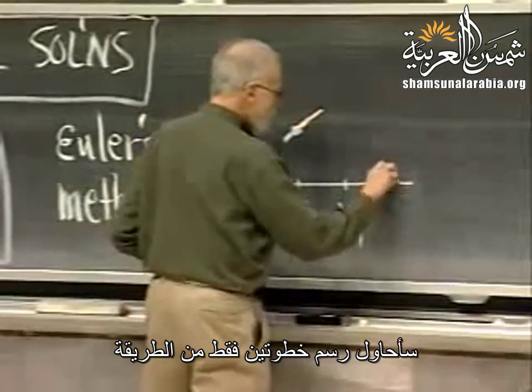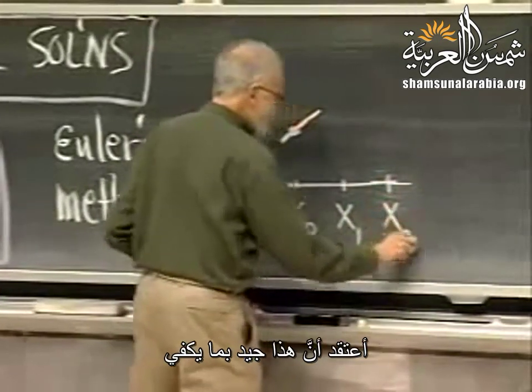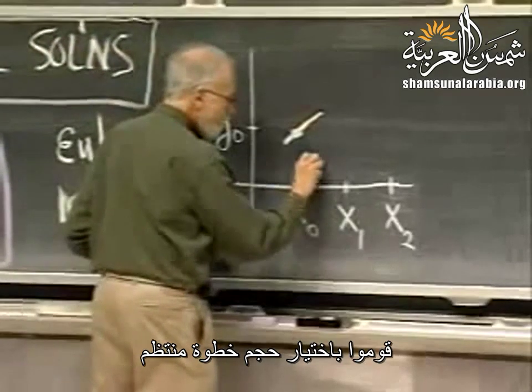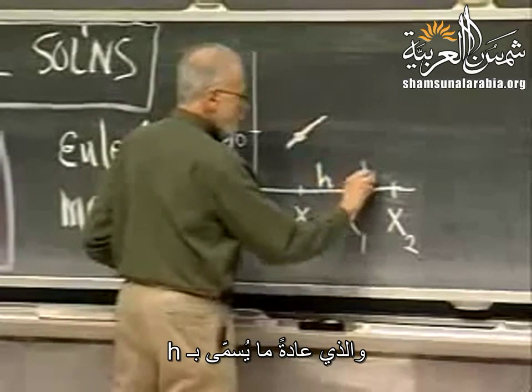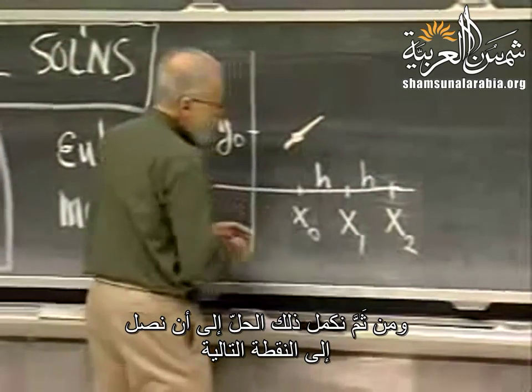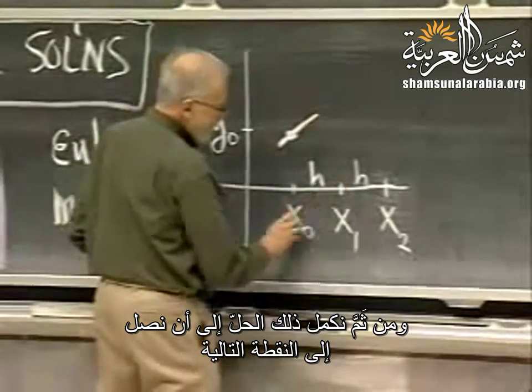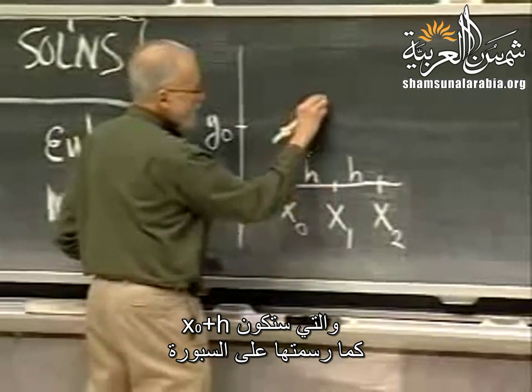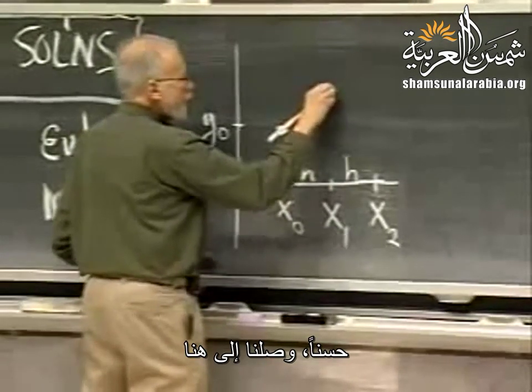Now, what you do then is choose a step size. I'll draw just a few, 2 steps of the method. That's, I think, good enough. You choose a uniform step size, which is usually called h. And you continue that solution until you get to the next point, which will be x0 plus h, as I've drawn it on the picture. So we get to here.